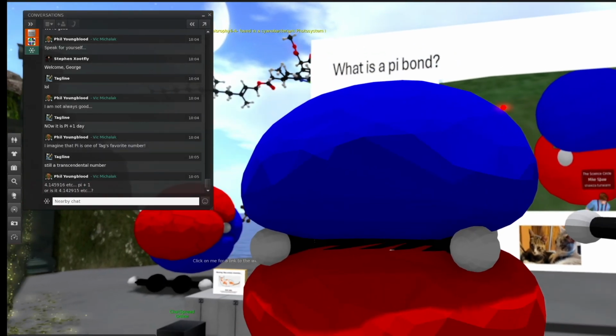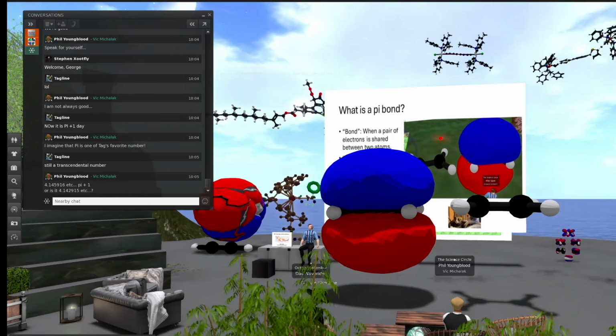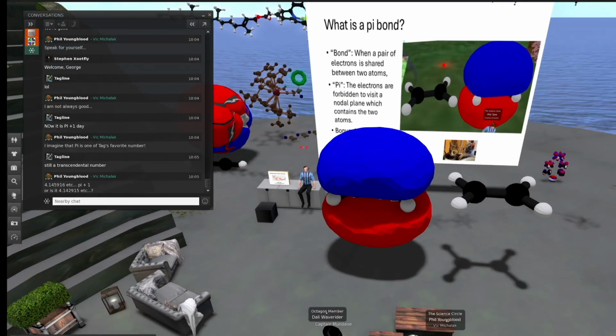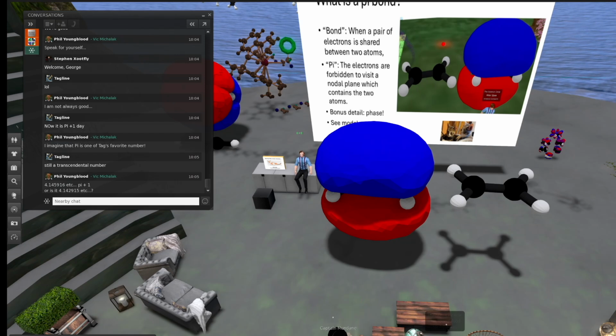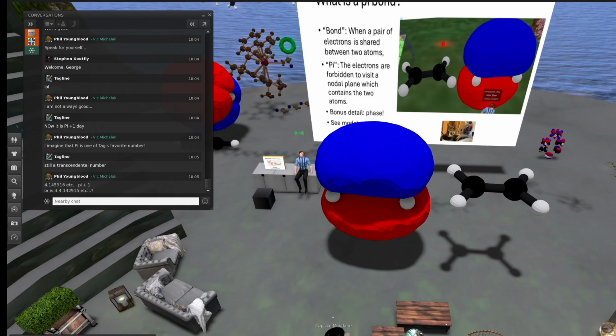All right. So on the right-hand side is a representation of ethylene or ethene. It's 2 carbons, 4 hydrogens. The molecule is flat. All of the atoms are in a plane, and each of those dark cylinders that connect the balls that represent atoms are bonds.